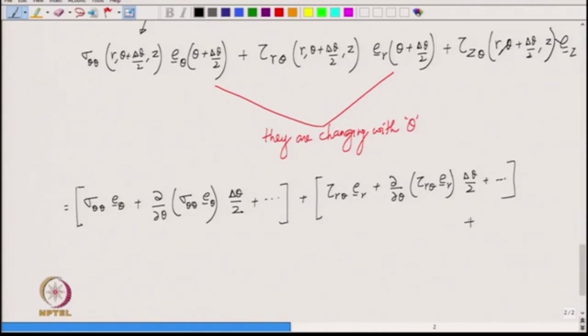And the last one, it is only changing due to the change in stress components, E z is not changing. So, it is simply tau z theta into E z plus del tau z theta by del theta into delta theta by 2 times E z. Okay.